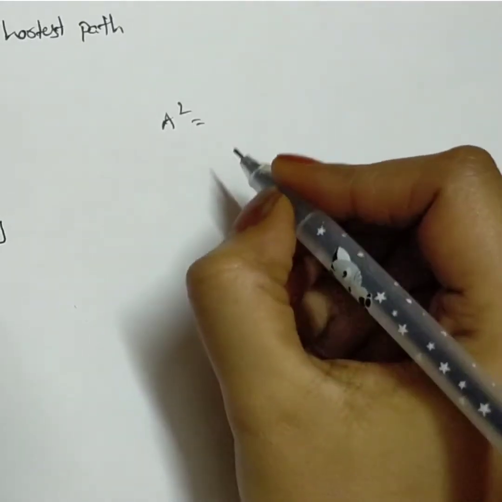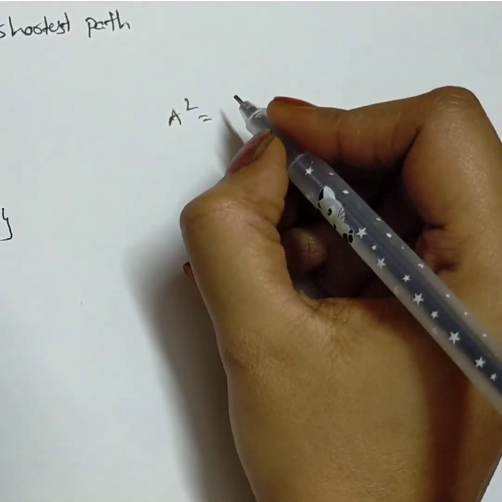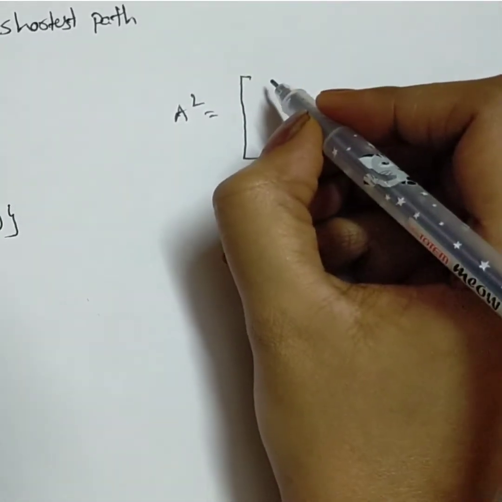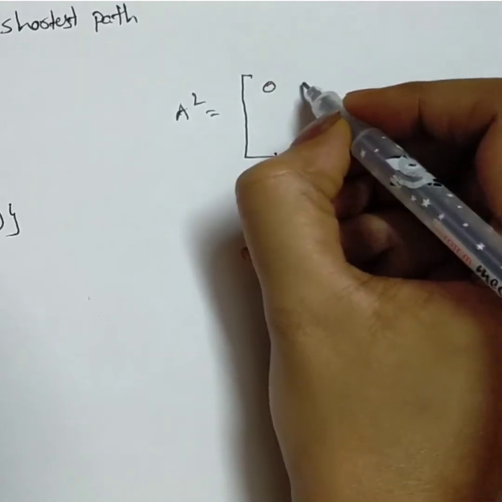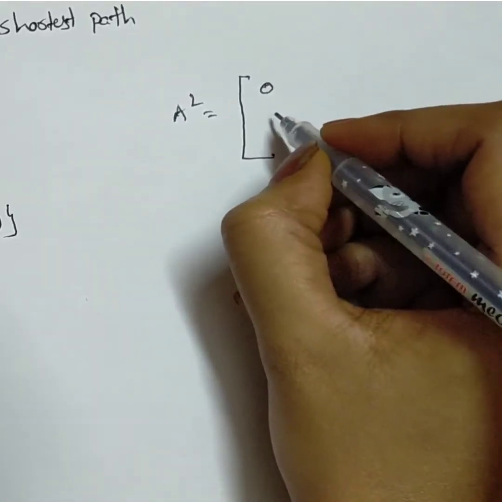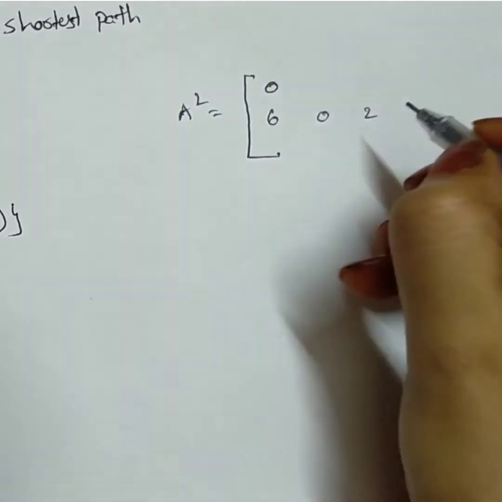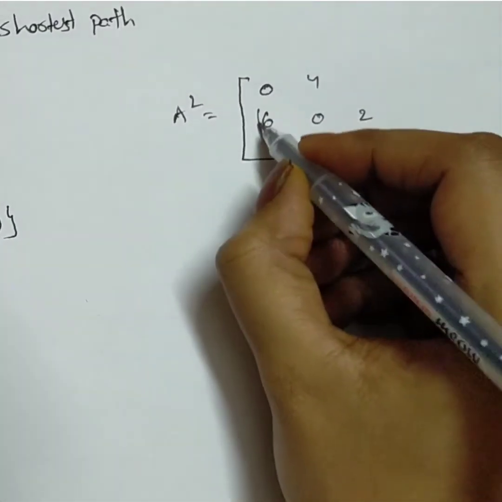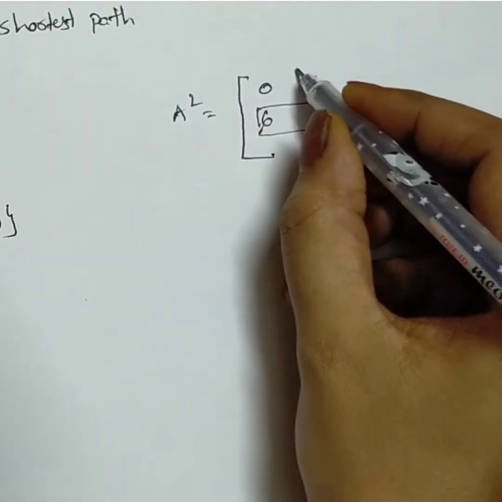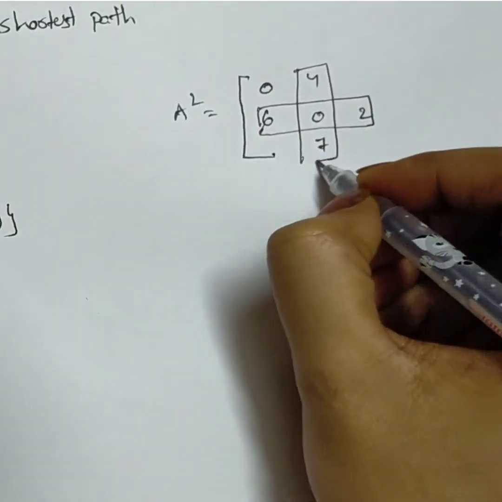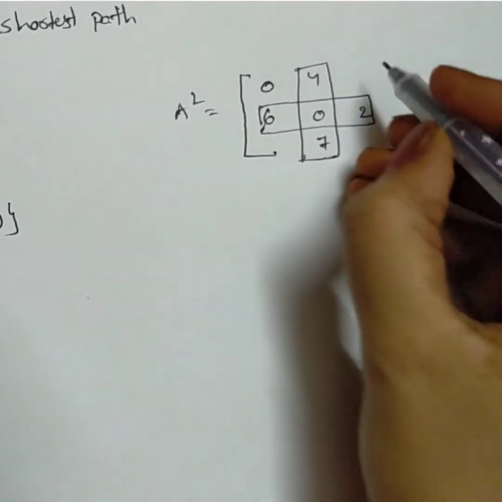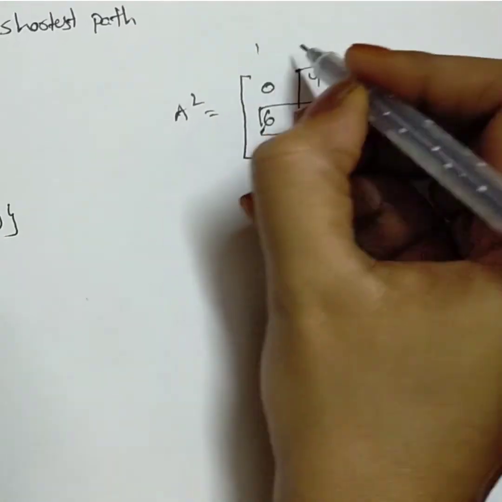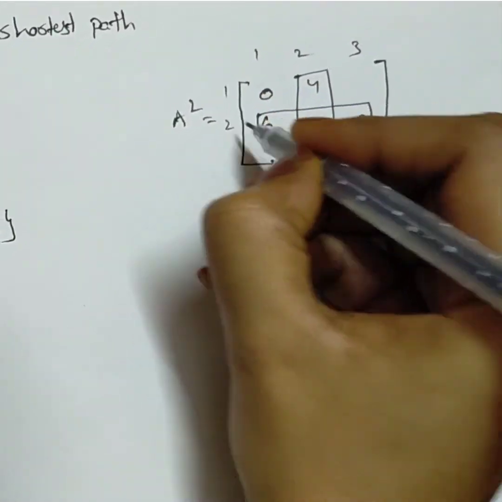Okay, for finding the shortest distance for vertex 2, you need to keep the values which are related to vertex 2 the same. Okay, see 6, 0, 2 and 4, 0, 7, these two, the second row and second column of the matrix will remain unchanged, and the diagonals also remain unchanged. 1, 2, 3.